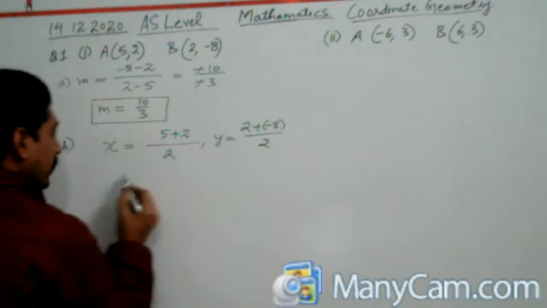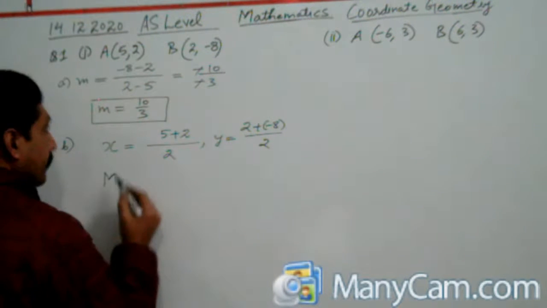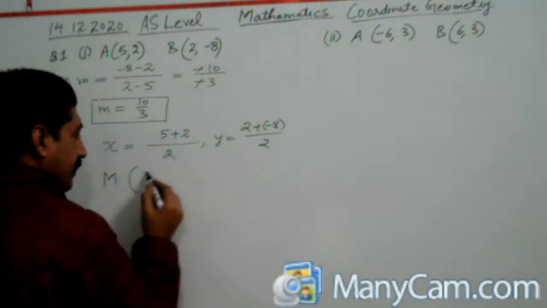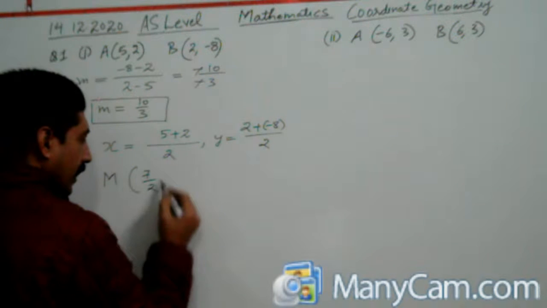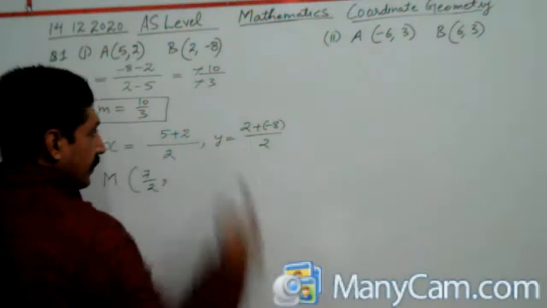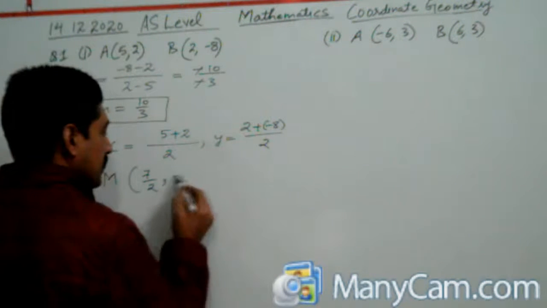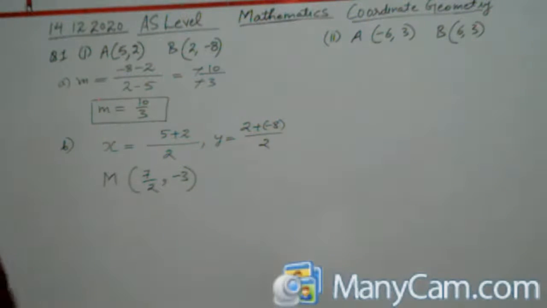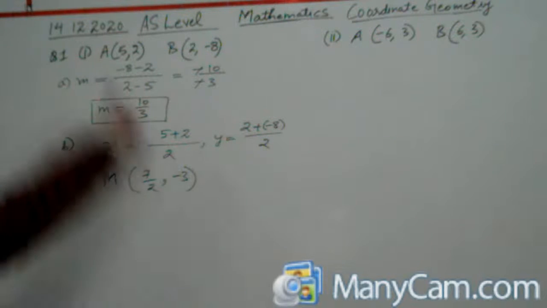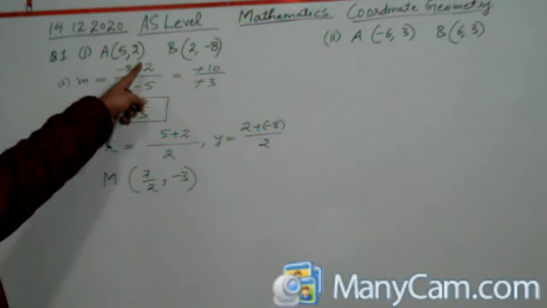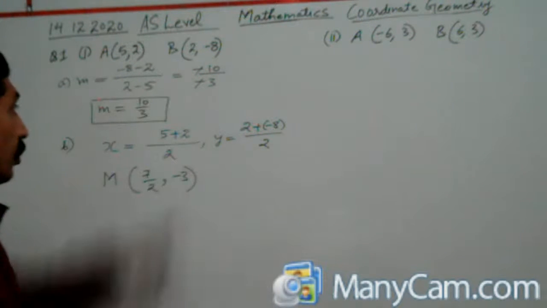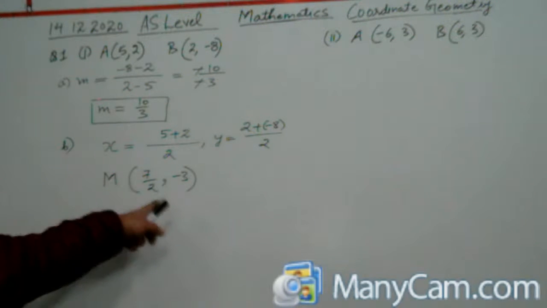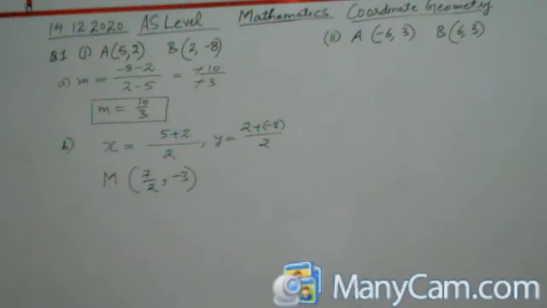So the midpoint M has coordinates x, that is 7 by 2, and y, that is minus 6 by 2, which is minus 3, right? So the midpoint of the line segment AB, where A is the point 5, 2 and B is 2, minus 8, is 7 by 2 comma minus 3.